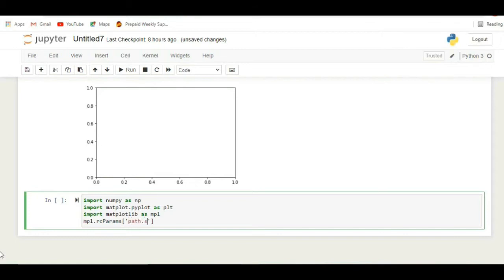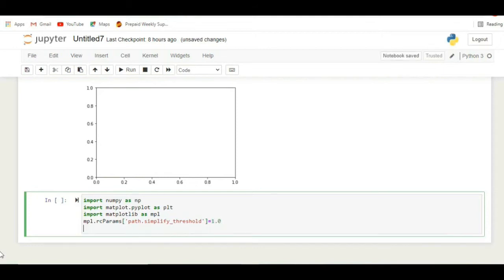Now mpl.rcParams['path.simplify_threshold'] = 1.0. The code is just like the previous code, but with a little difference. We have written this code before, and here you shall write it in the same way.